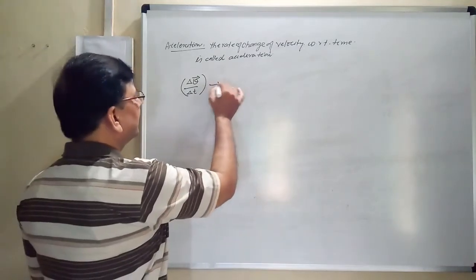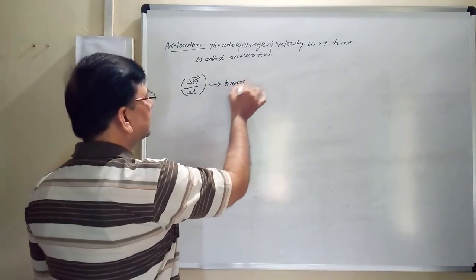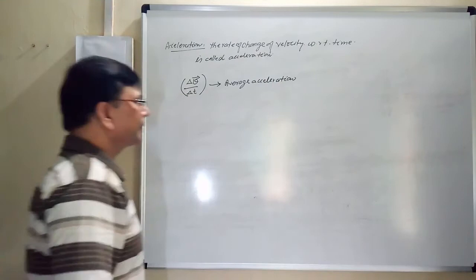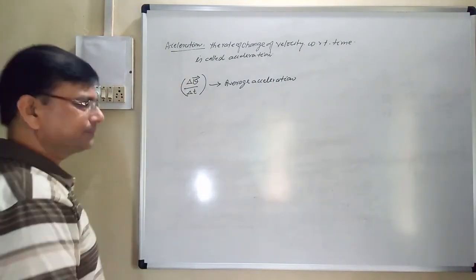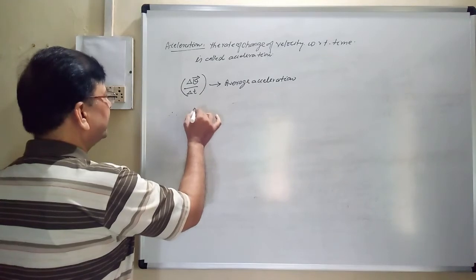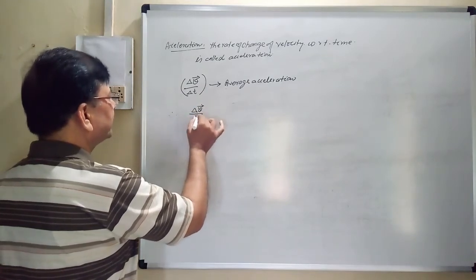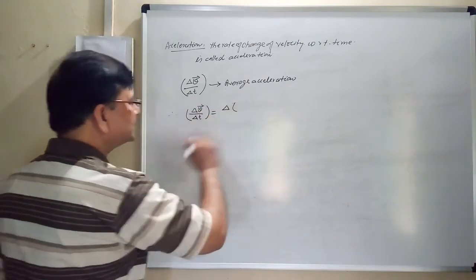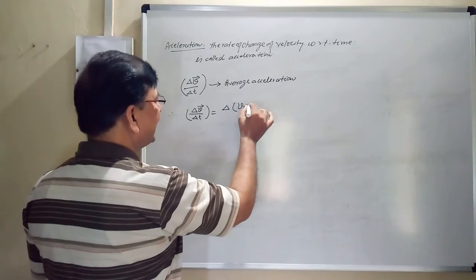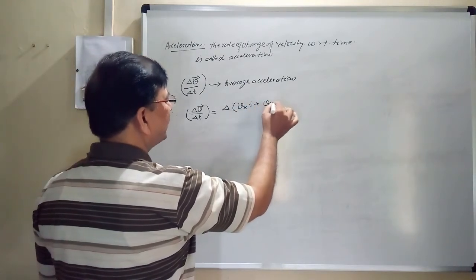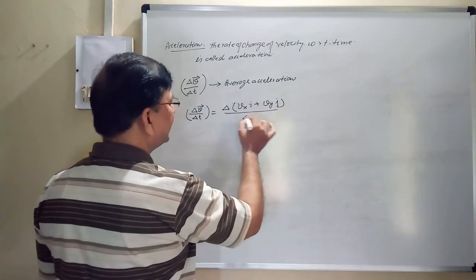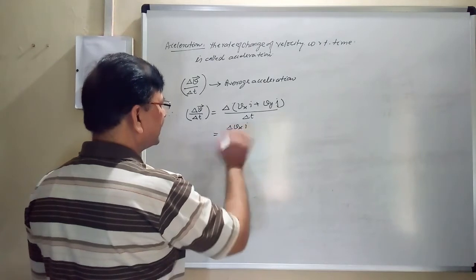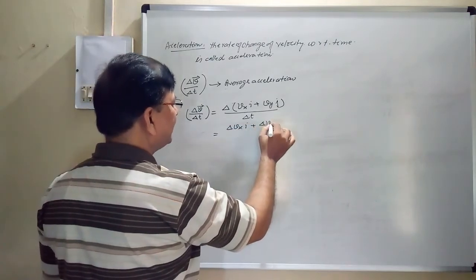So delta v upon delta t is equal to delta v, meaning we will write (delta vx) i plus (delta vy) j divided by delta t.